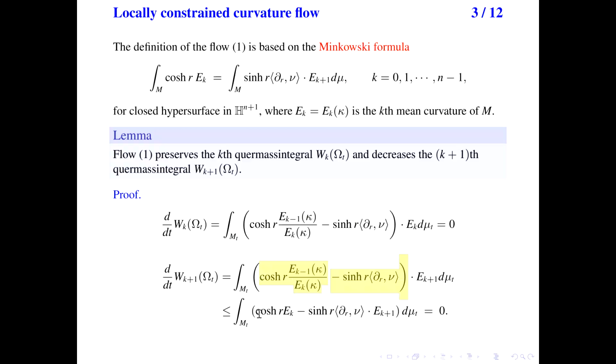Then we again see that this integration is equivalent to the Minkowski formula. So this is 0. Now we have that W_{k+1} is monotone decreasing and W_k is preserved. The next step would be to show the convergence.